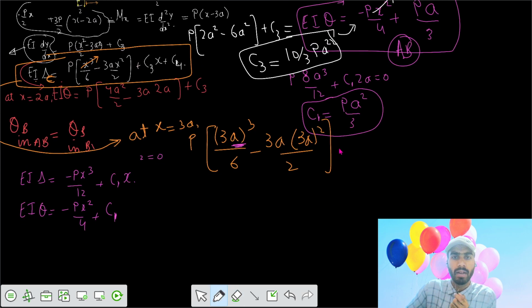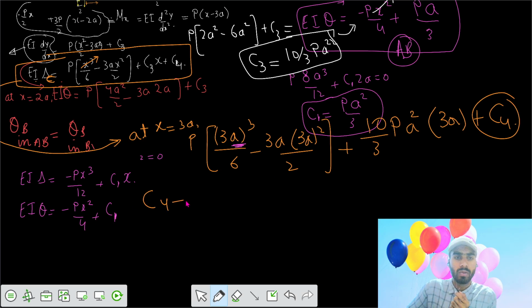The value of c3 is 10 by 3 Pa squared, and the value of x here is 3a, and we can get the value of c4.